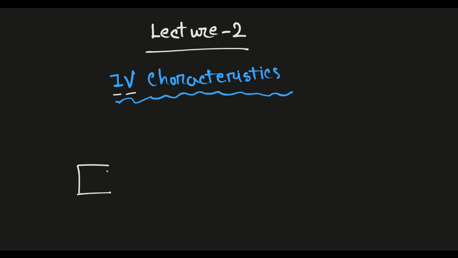Suppose you have made a new device which has two terminals. Now, if I ask you, what are the properties of this device? How would you describe it? How would you describe the properties of an electrical device?